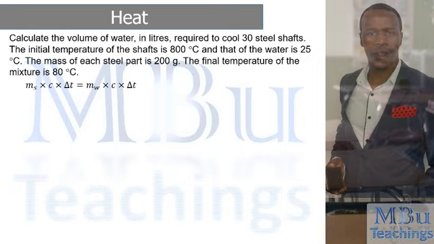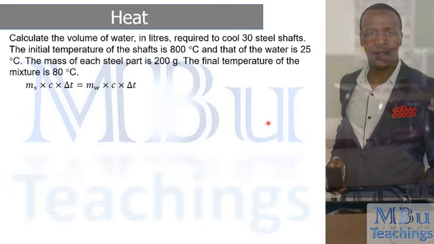Actually, here we are jumping straight to the transfer of heat because we have two materials or substances. We have the steel on this side and the water on the other side. So we need the volume of water that can cool this much steel in terms of mass.